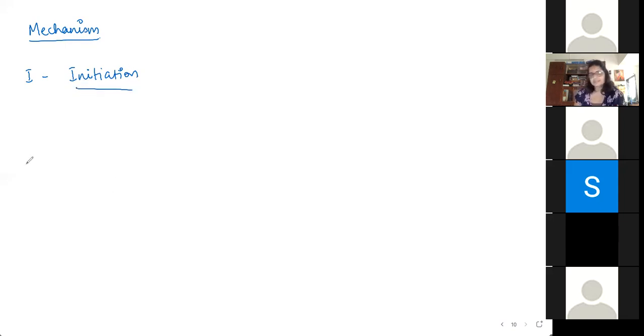Then step 2, we have propagation. So again, very commonsensical, like कैसे continue हो रहा है, how is the reaction propagating so that all the molecules are converted. And finally, this will have multiple things.